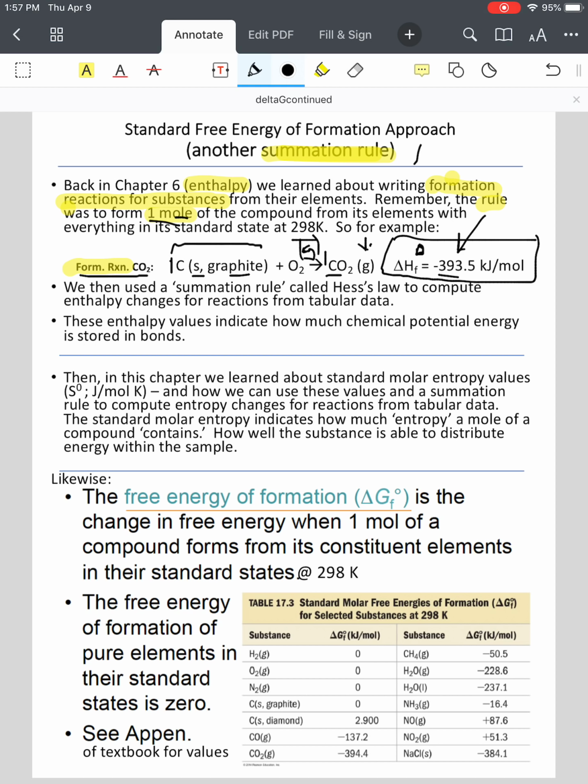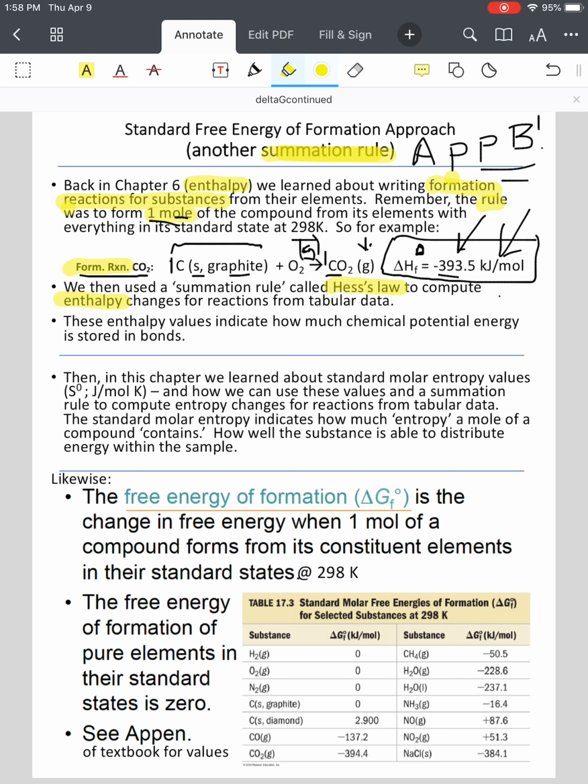In fact, that table can be found in your book in Appendix B. That's where you'll find all of these thermochemistry variables. So Appendix B will be pretty useful to you when you're working problems. But what we did with these enthalpies of formation is we then used a summation rule that at the time was referred to as Hess's law. This allows us to compute enthalpy changes for reactions from this tabular data.